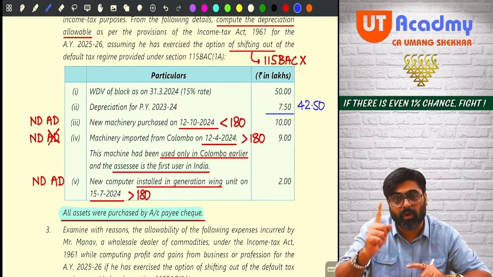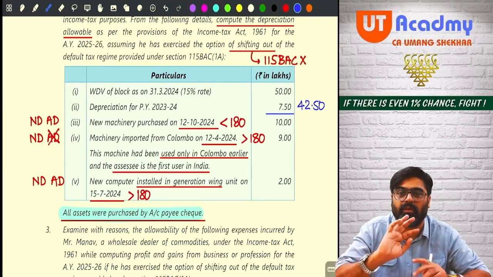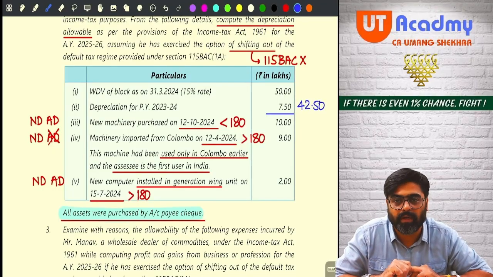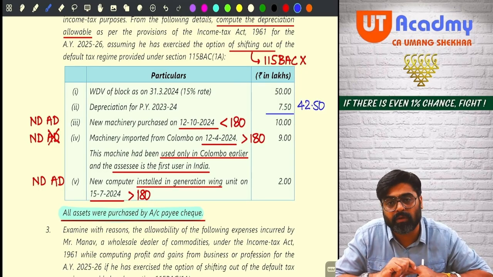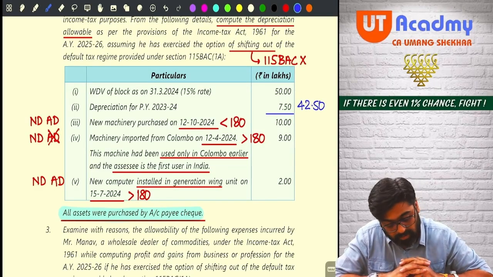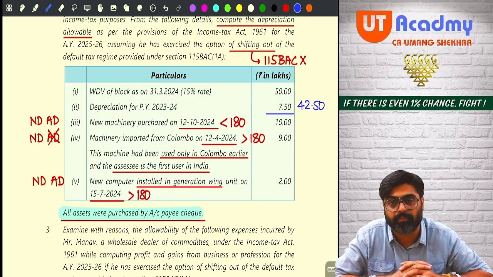On that computer, normal will also be available, additional will also be available. Got it, everyone? And it was acquired on 15th of July, meaning before my birthday. More than 180 days. Now, based on this information, you are supposed to compute what? Depreciation. Very easy question. But mark this question also important.